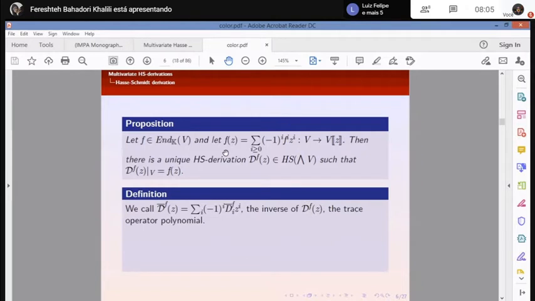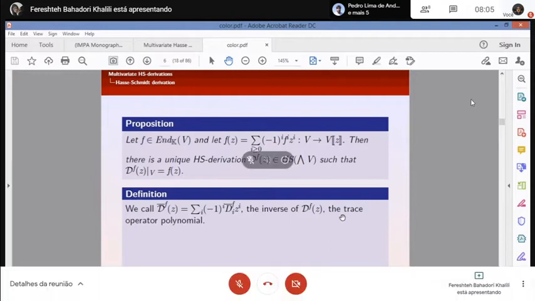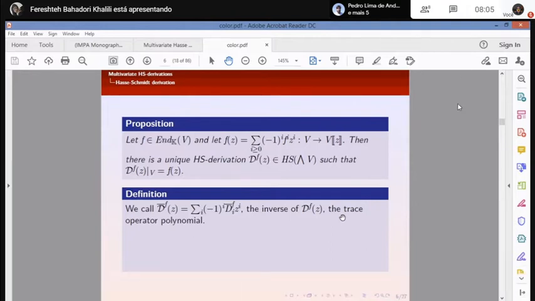Now, if this df is invertible, we call the inverse the trace operator polynomial. I will explain the reason for the name trace in just a moment.